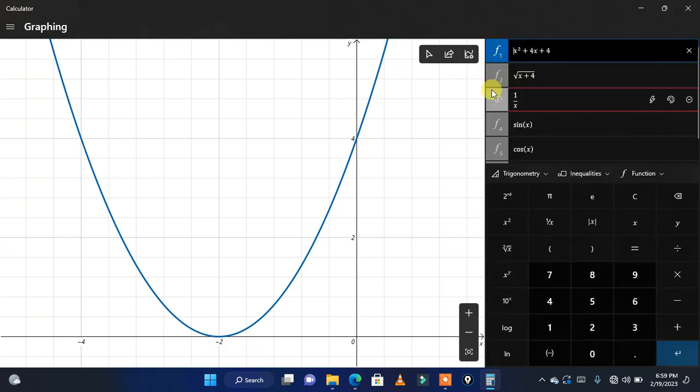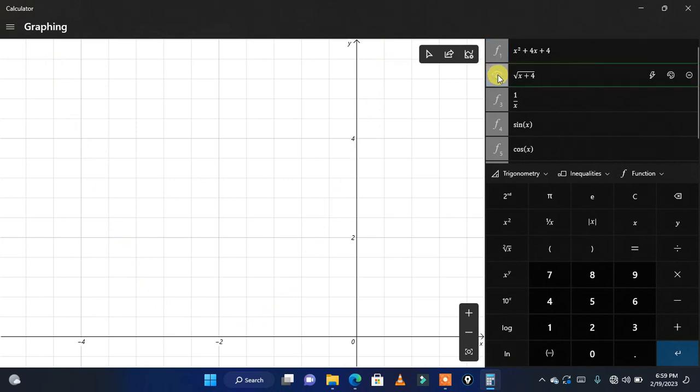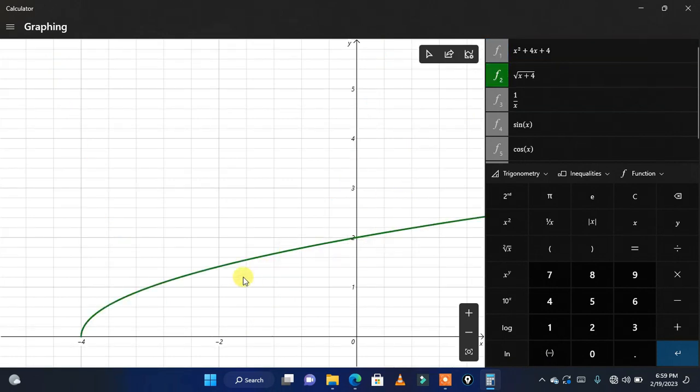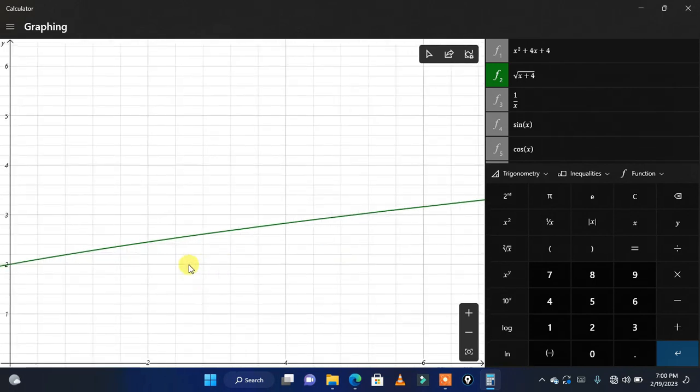So let's quickly go to a different function, this function, which is the root kind of function, and let's see what we can get. If you look at what we have here, talking about the domain, you realize that x starts from a certain value and goes to a certain unknown end.